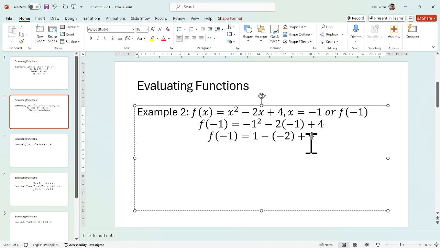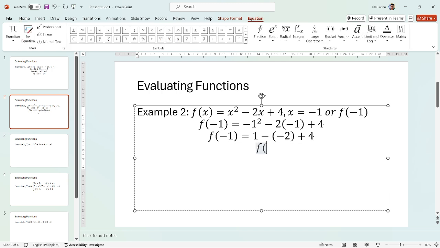Solving this, f of negative 1 again is equal to 1 minus negative 2. Keep, change: subtraction to addition, negative to positive. Then that is 1 plus 2, that is 3 plus 4 is equal to 7. Therefore, f of negative 1 is equal to 7.